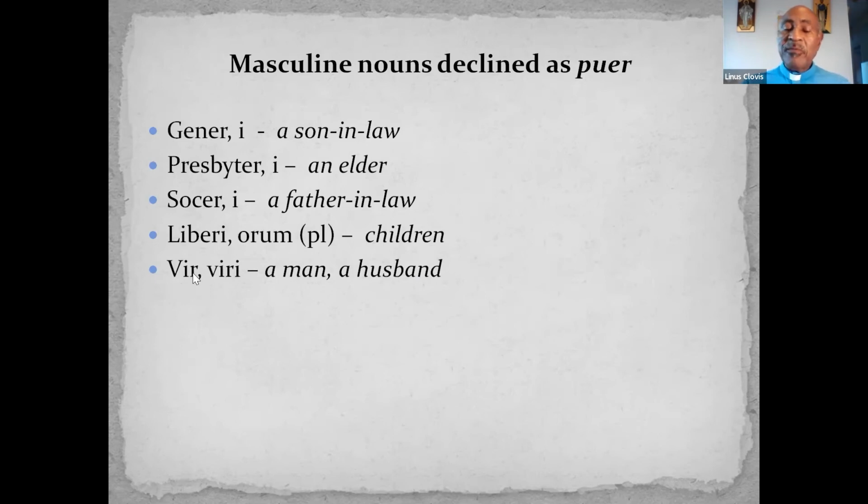But from vir we get virile and virtue. I remember one of my professors saying that virtue came from there, but I don't think he was correct. I think he was trying to drive home a point. But here vir means man or a husband.